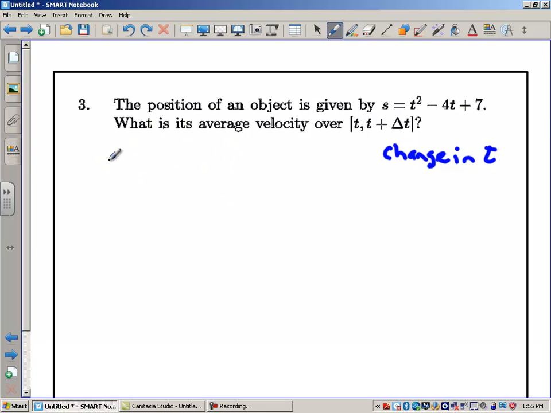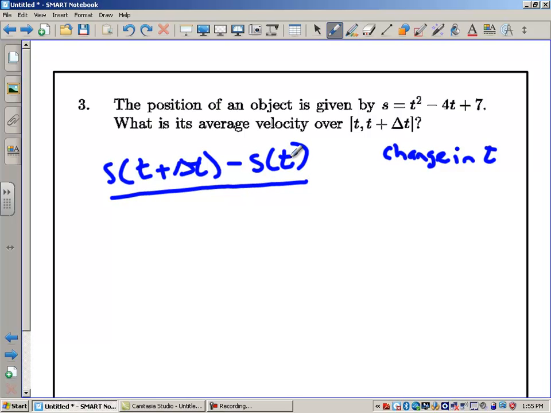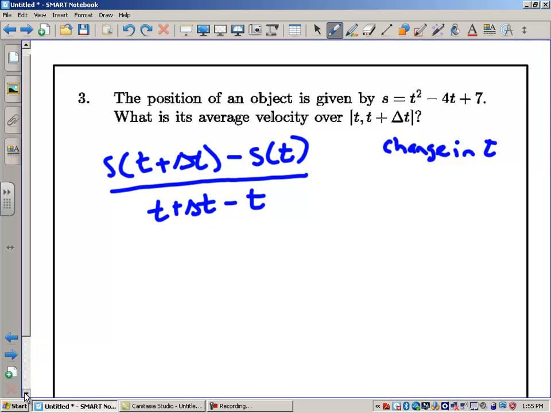So let's take a look at that. We want to do s of t plus delta t minus s of t, because my function is labeled by s, all over t plus delta t minus t. So it's like y2 minus y1 over x2 minus x1. So let's keep going with that.